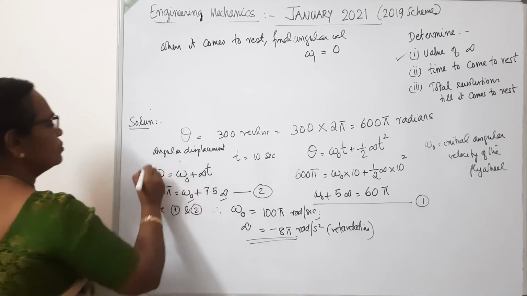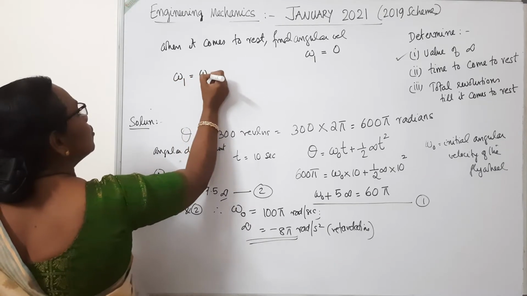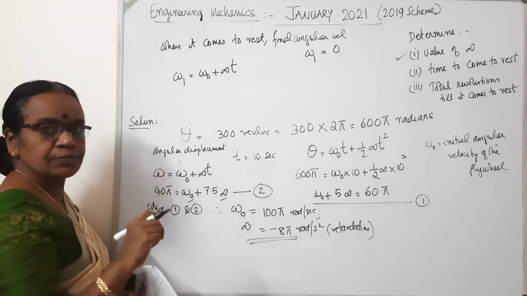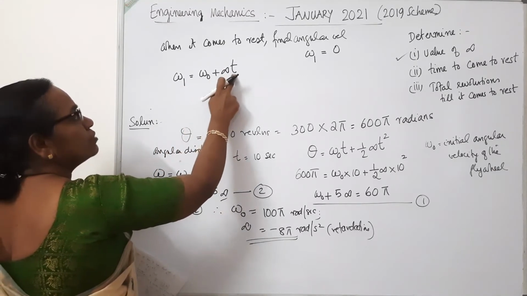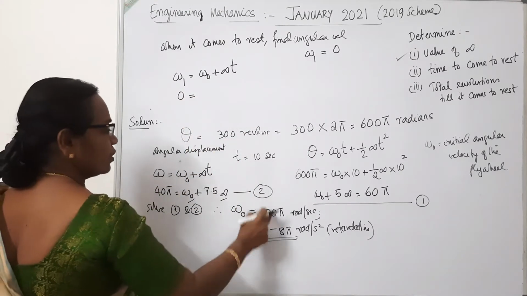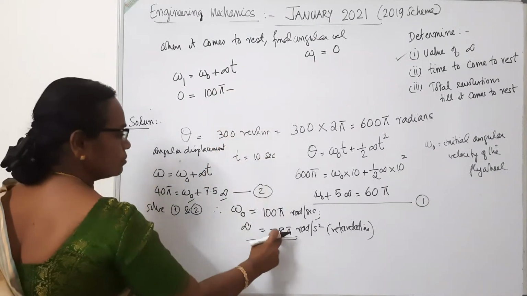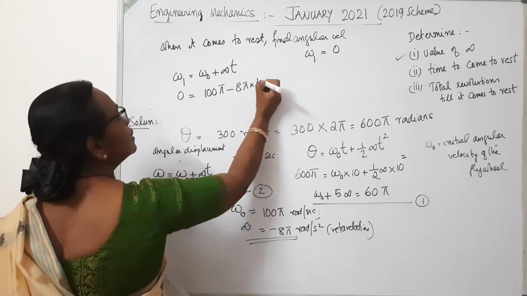Then you can make use of the similar equation: omega 1 is equal to omega 0 plus alpha t, similar to v equal to u plus at. Final velocity equals initial velocity plus angular acceleration into t. So omega 1 is 0, omega 0 we have got as 100 pi, and alpha is minus 8 pi, into t.